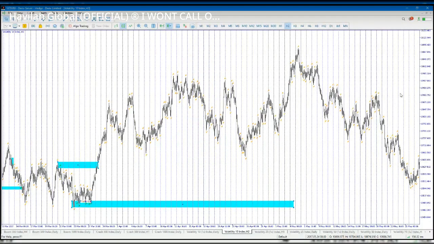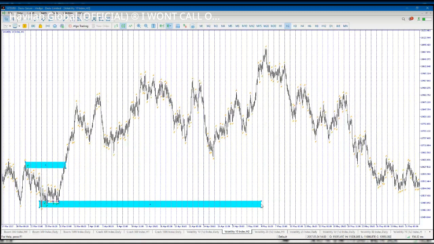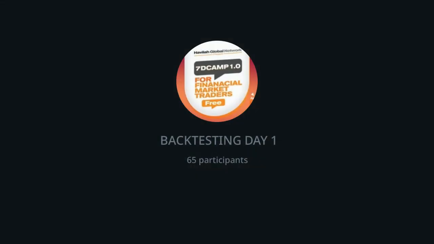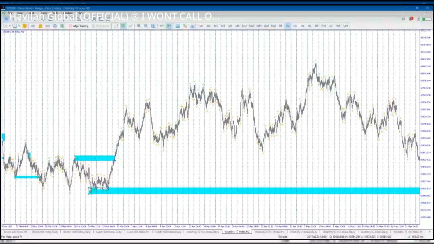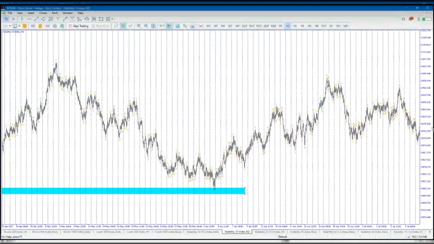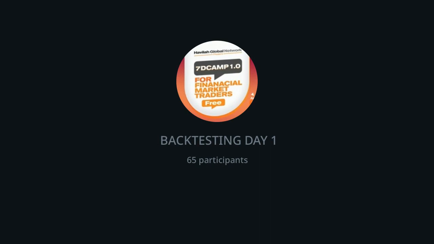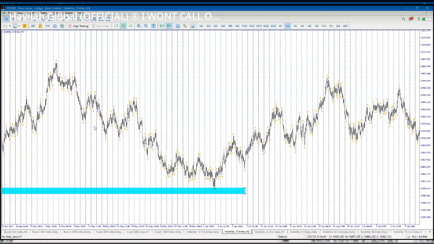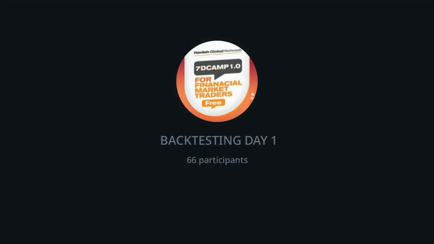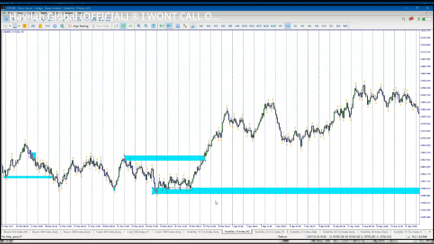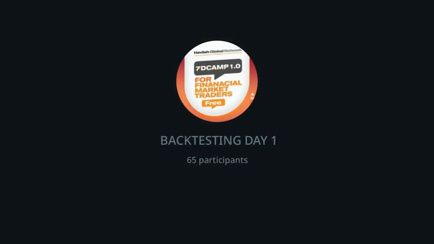So you have a long-term marked POI, right? So what happens? Let's even say this is the last candle.